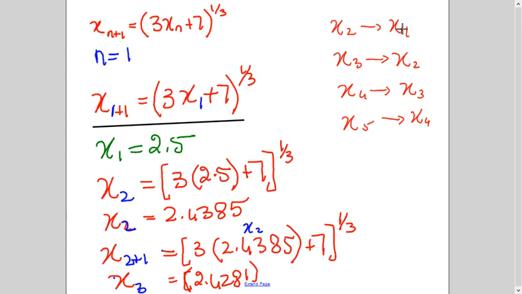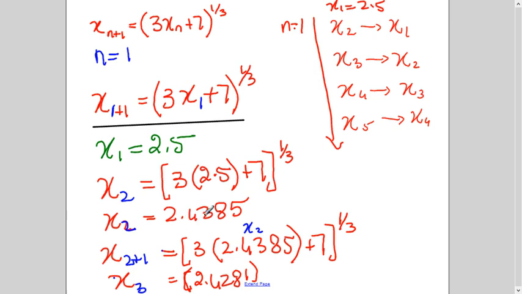When you substitute x1, you get the answer x2. When you substitute x2, you get the answer x3. And this shows you the number of iterations, that is how many times you are plugging in. We started with x1, which was given to us in the question, 2.5. So we started with n equals 1, and so on. That shows you how many iterations you have done to reach the answer.